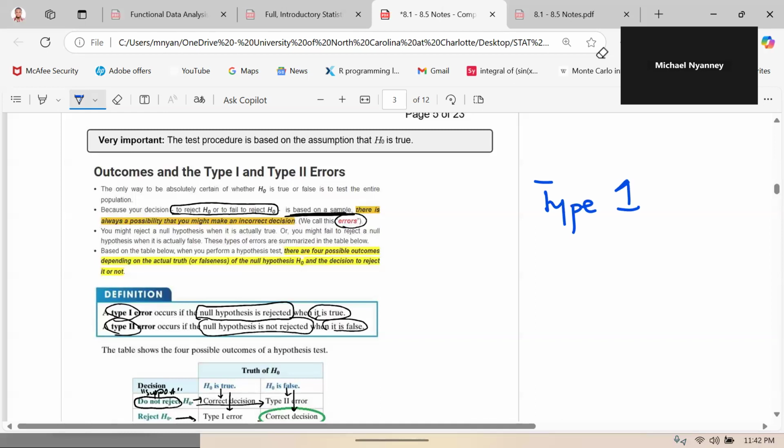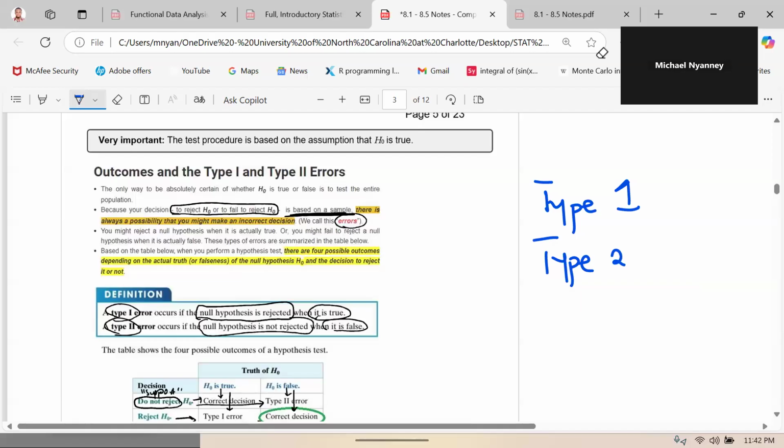And the type 2 error says that H naught is false, but you are failing to reject it. Something that is false, you should reject it, but you are failing to reject it. Then we are committing an error known as the type 2 error. Are you okay?